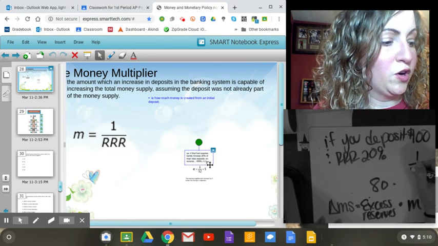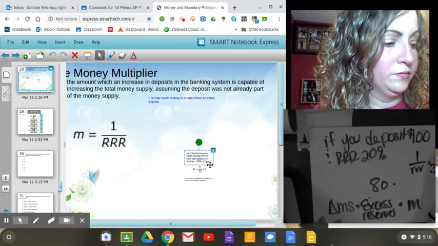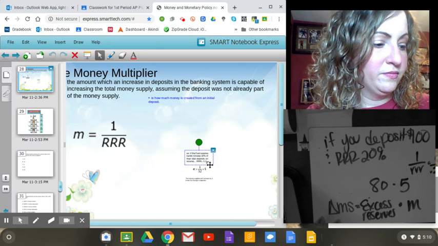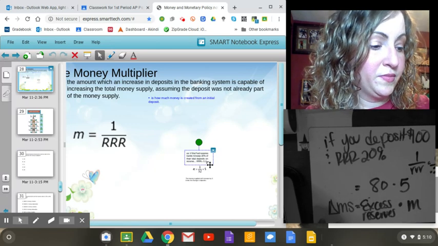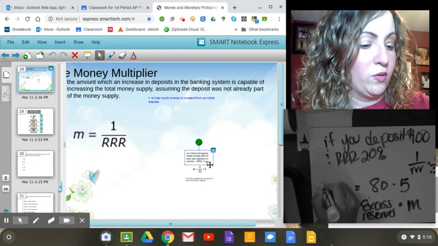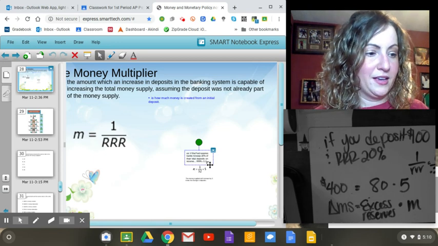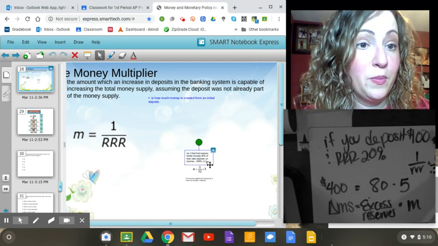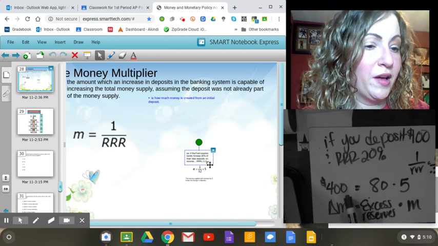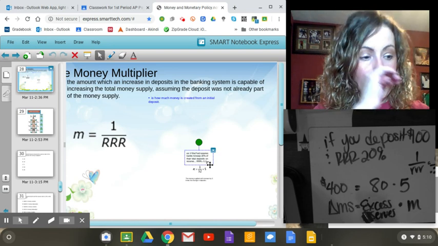It is 1 over RRR, or 1 over 0.2, which is 5. 80 times 5 is the question that you were trying to solve. Excess reserves of $80 times a money multiplier of 5 is going to be $400. Meaning, if you deposit $100 into the bank, it is going to have a multiplied effect on money supply of $400.